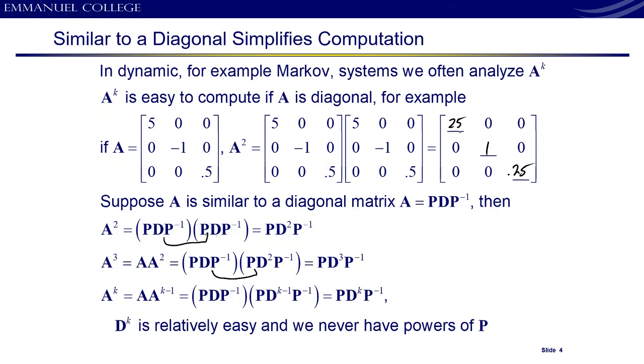You only have to raise the diagonal components to the power k, then you can multiply P times whatever D to the k came out to be, and then multiply that by P inverse, or you can do D to the k times P inverse and then multiply by P, whichever ends up being easier. So part of the benefit of diagonalization, or knowing that one matrix is similar to a diagonal matrix, is you can cut down on computations.